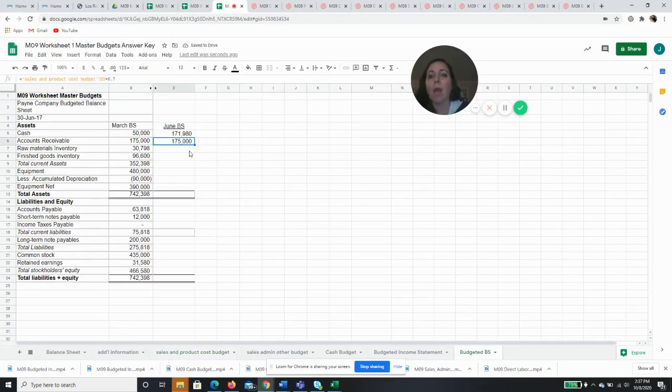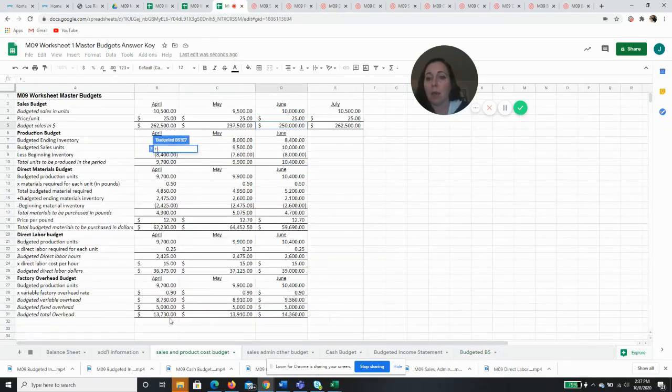All right, my raw materials inventory, that is going to be my raw materials ending inventory at the end of June, which was right here, 2,100, but that's units, that's pounds. How much were we paying per pound? It was $12.70. So I'm going to multiply by 12.70.